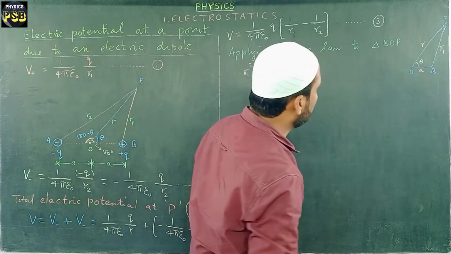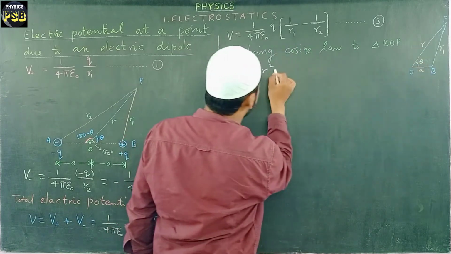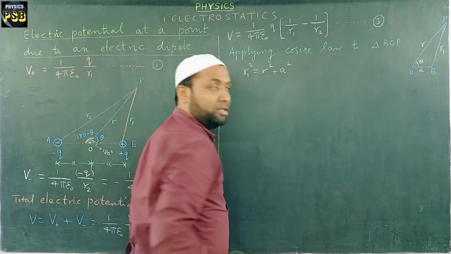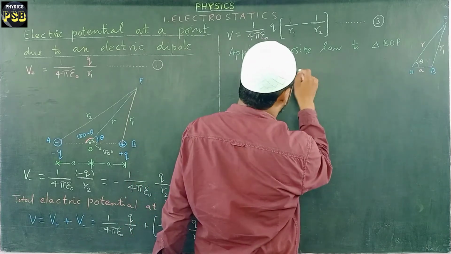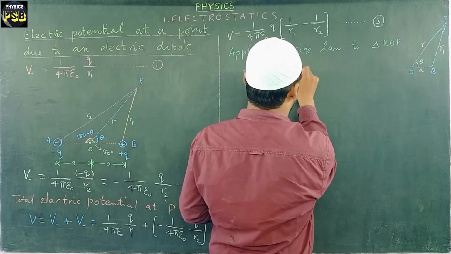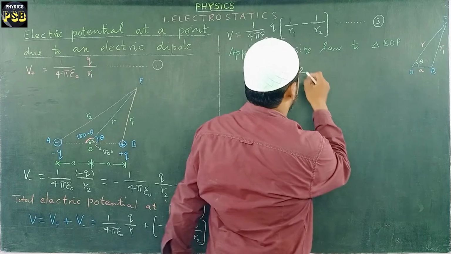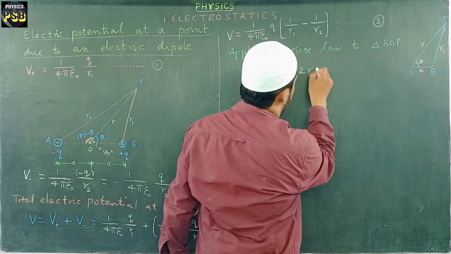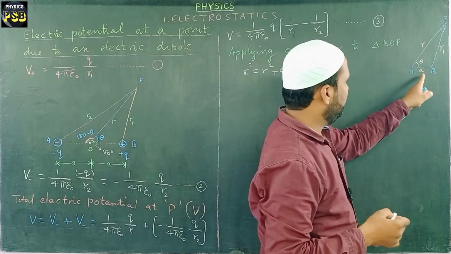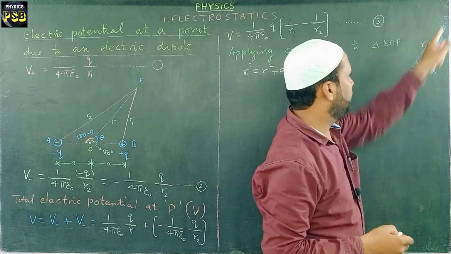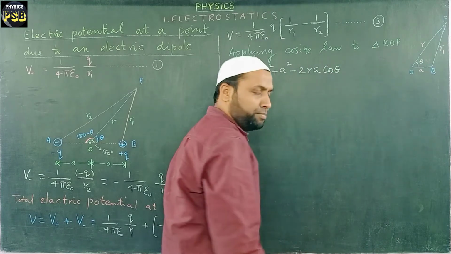It will be equal to the sum of the squares of the remaining sides, r square plus a square. Then this is subtracted from this value. So I write 2 r a cos of the angle between OB and OP, which is theta.